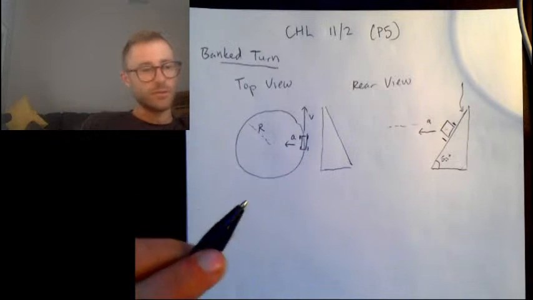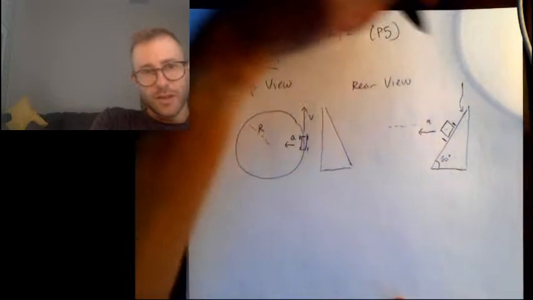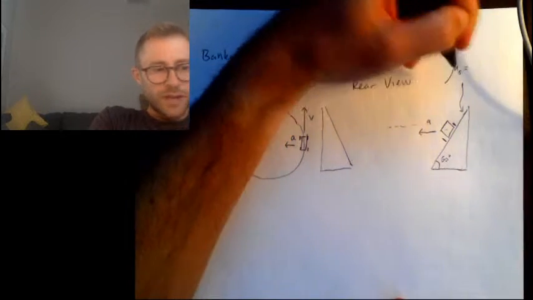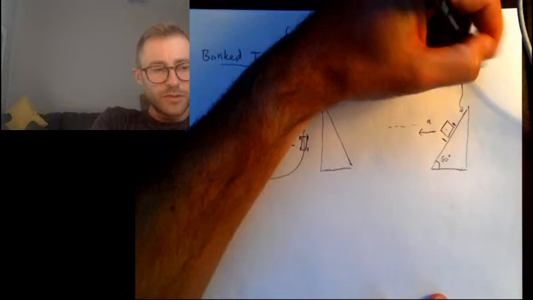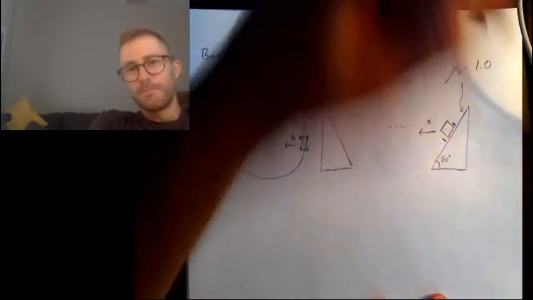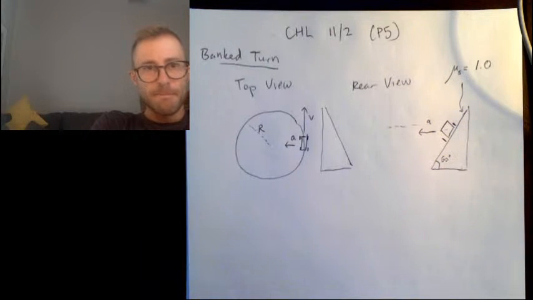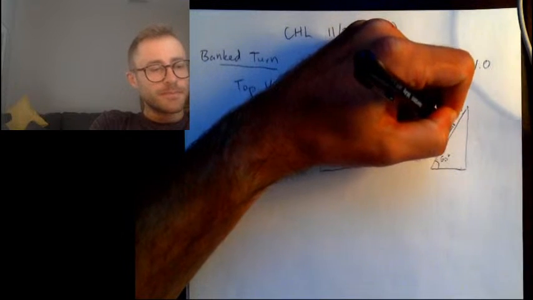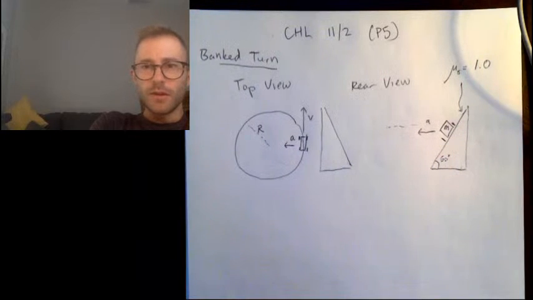You're peeling out. So we're going to consider the case of static friction. The coefficient of static friction is just going to be 1.0. We're going to say that the car has a mass m.